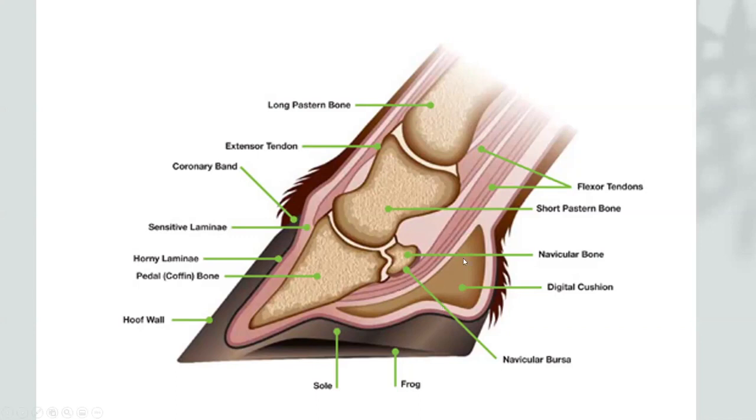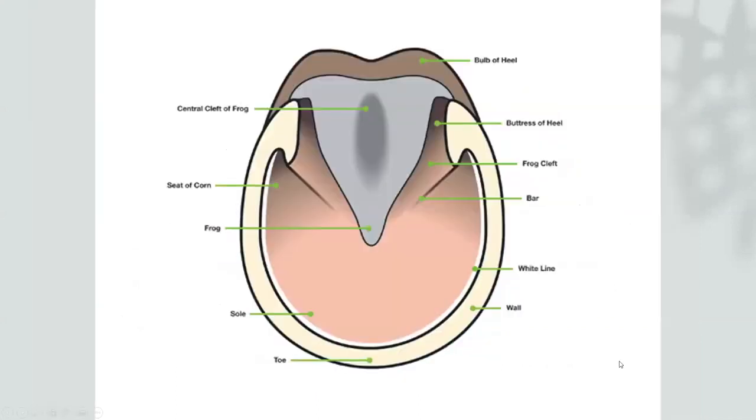All right, so as we move to the bottom of the hoof, you see that central frog area here. We like to see a nice healthy frog on these horses. And ideally that frog should contact the ground to help with that mechanical action of pumping the blood back up the leg.